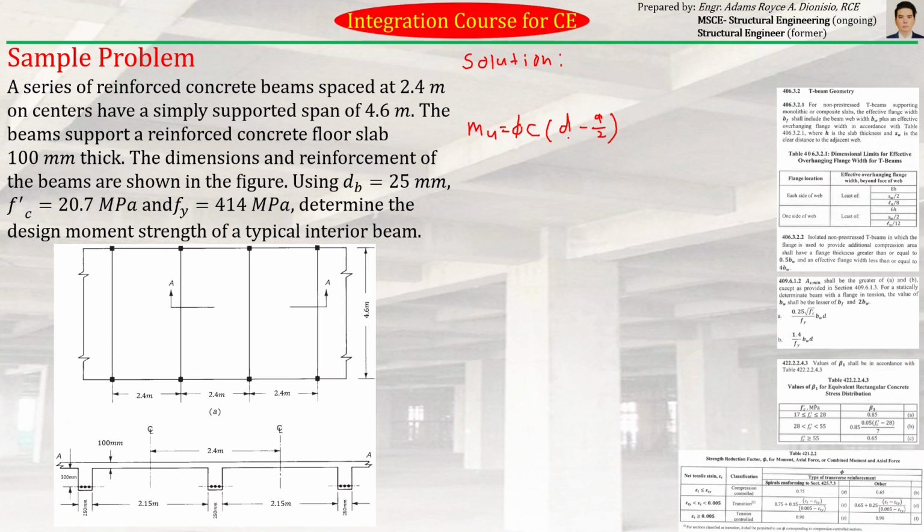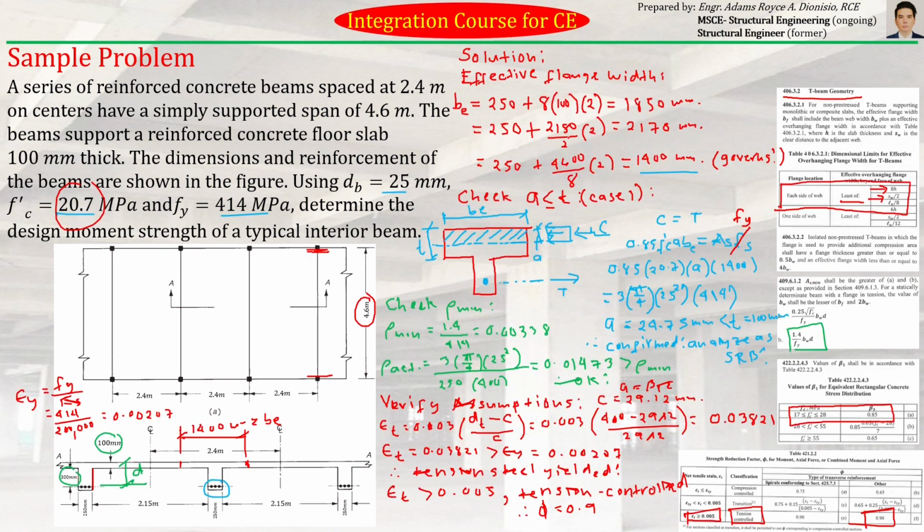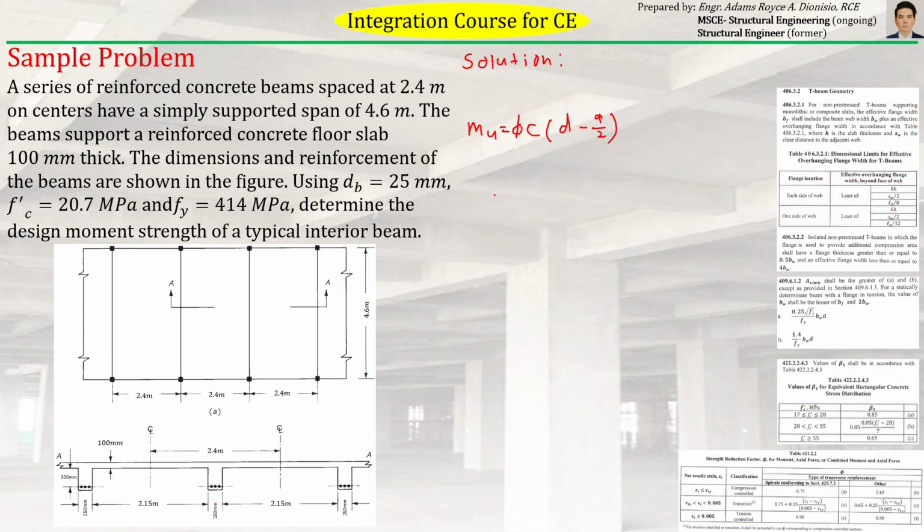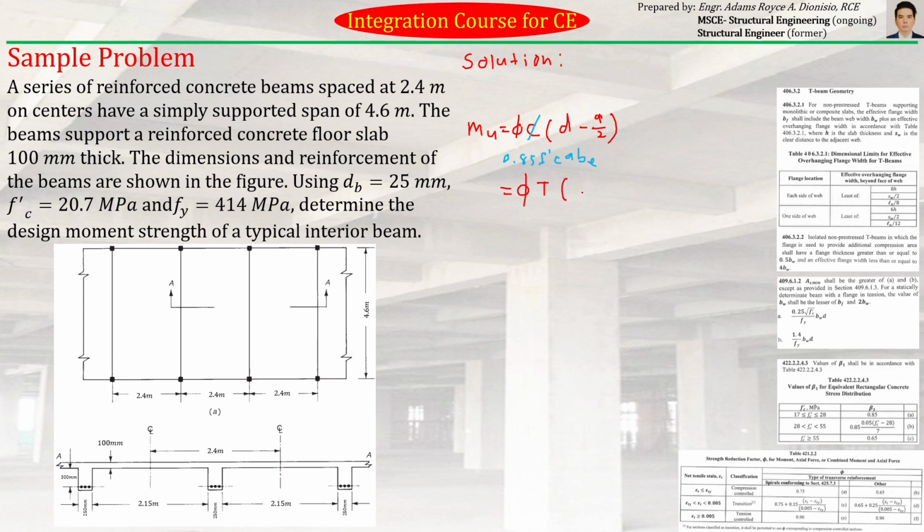Wherein yung C natin na nakuha na natin kanina, it's 0.85 FC prime ABE. Okay, wherein yung C natin dyan, ito, is just equal to 0.85 FC prime ABE. Okay, so we can use that formula, or we can use the other term, yung phi times the tension force times the moment arm, which is D minus A over 2 pa rin naman.